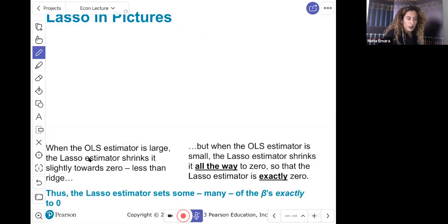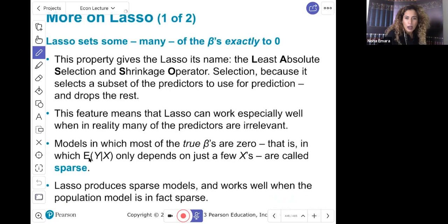In case some of the 817 x's are not important, then these unimportant regressors would be shrunk to 0. And this is actually an advantage, right? It's not like I'm going to have multiple coefficients with a small weight. No, I really don't need them.